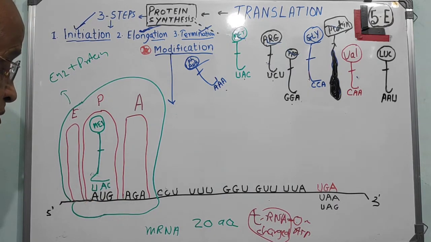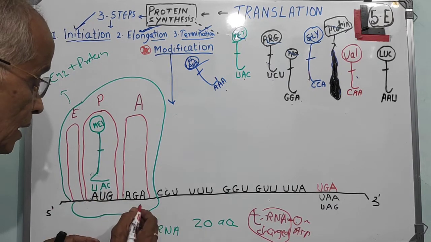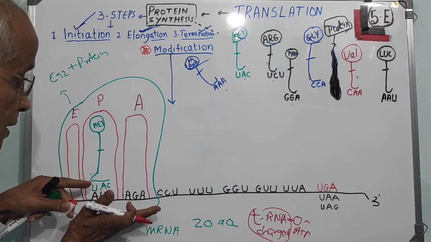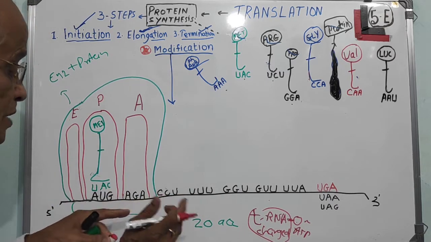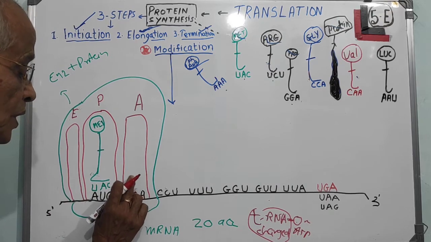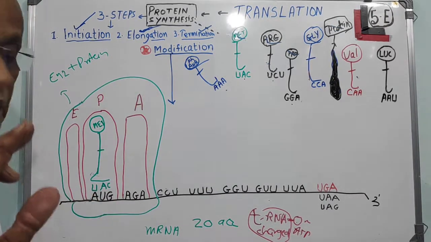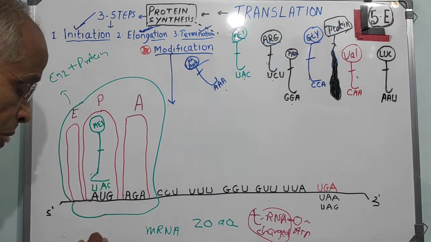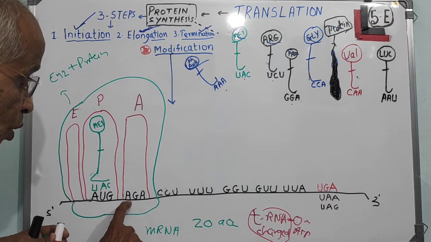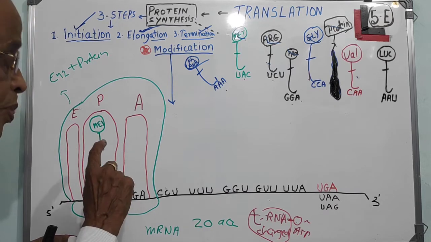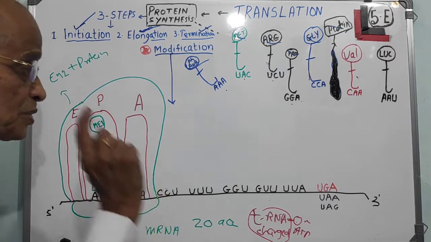When that happens, the entire thing will have to wait to see the second place filled up, and that is the arrival or aminoacyl site. That has to be filled up. Now how is it filled up? Now we got the codon AGA. To match that, we must have something.